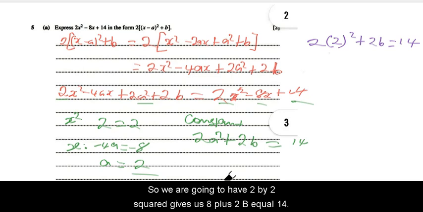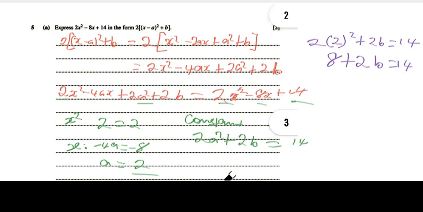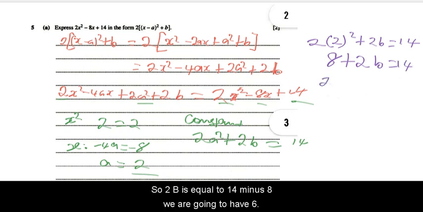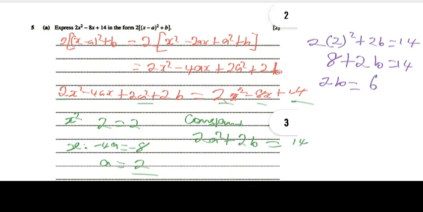So 2 times 2 squared gives us 8, plus 2b equals 14. So 2b is equal to 14 minus 8, which is 6.